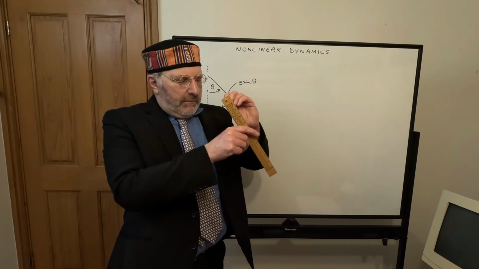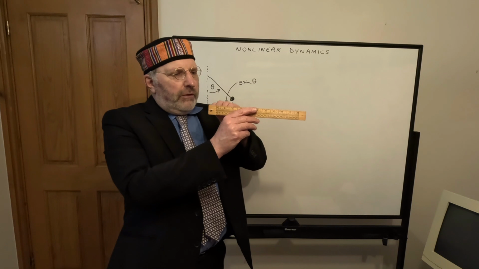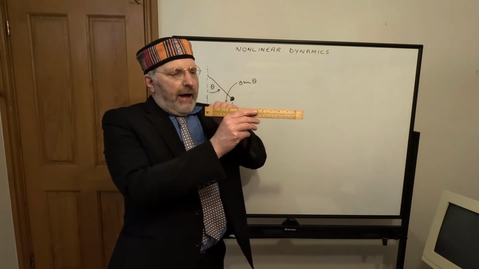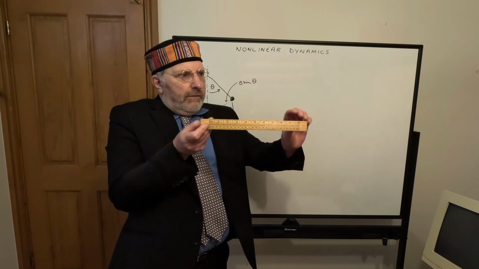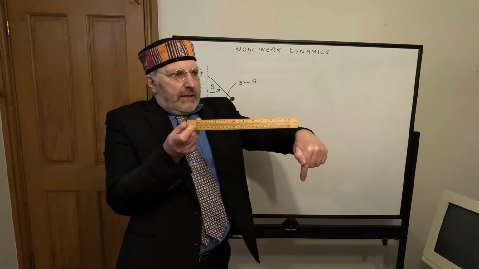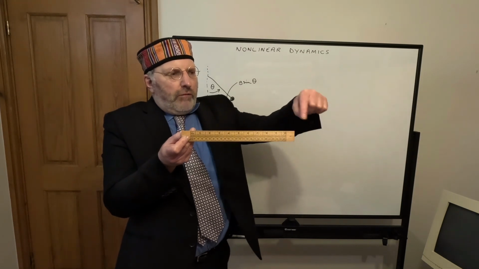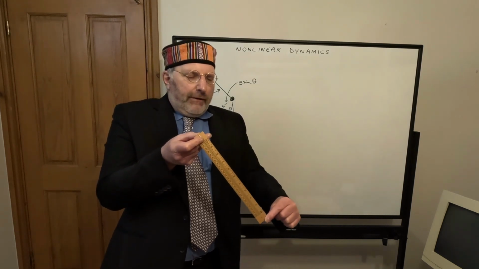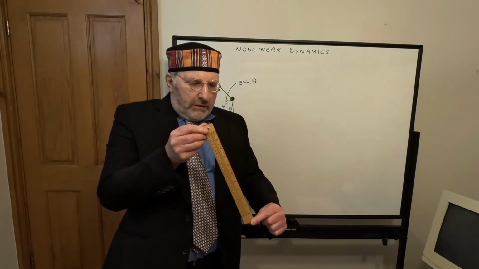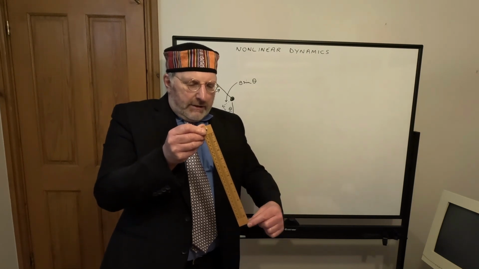And the further we get away from the vertical, the bigger the angle. As we get up to an angle of 90 degrees, all of the force of gravity is still acting downwards, perpendicular to the rod. So it's definitely pulling on it to cause it to swing round. But as we go back towards the vertical, the part of the gravity that's causing it to swing is decreasing.